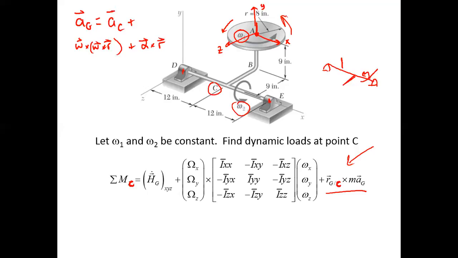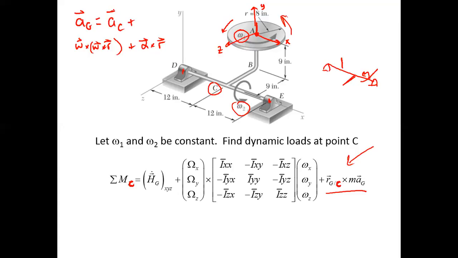Now, the question again is what omega is making point A linearly accelerated? It's just going to be omega 2. Does that make sense to everybody?